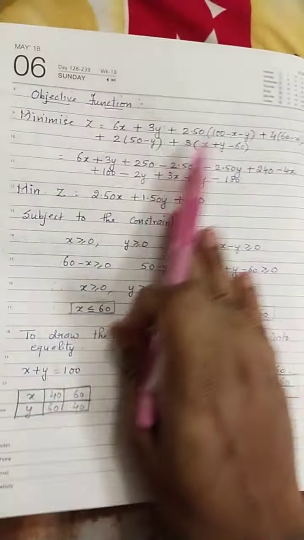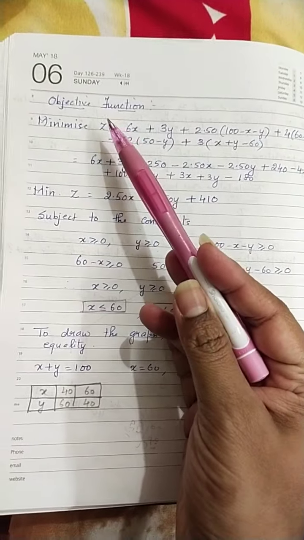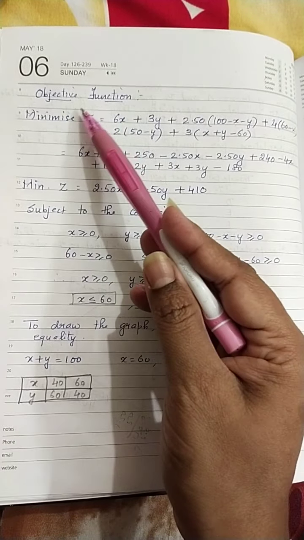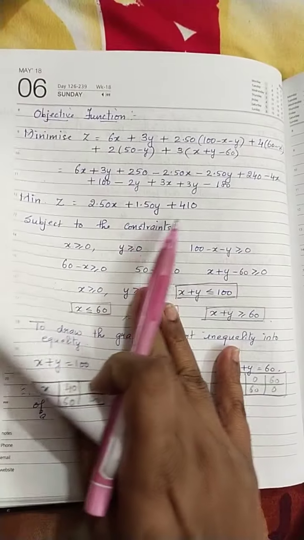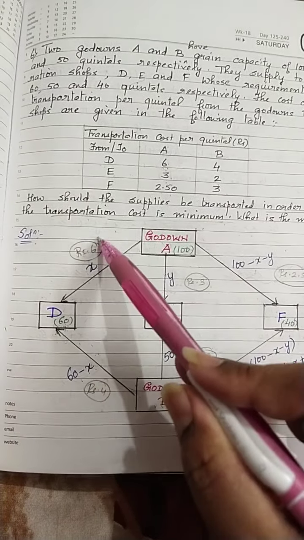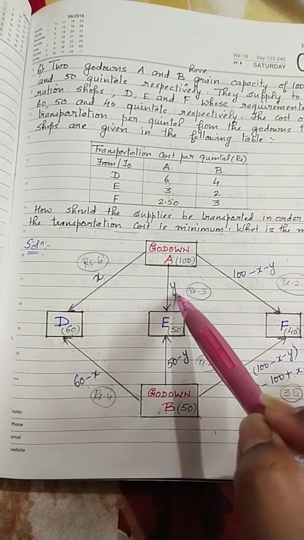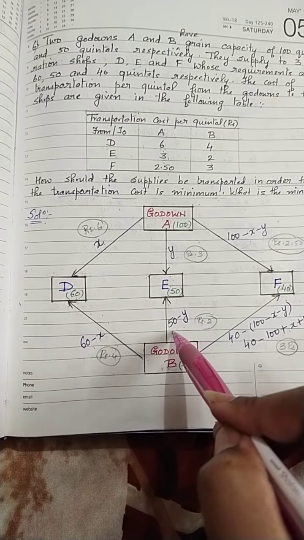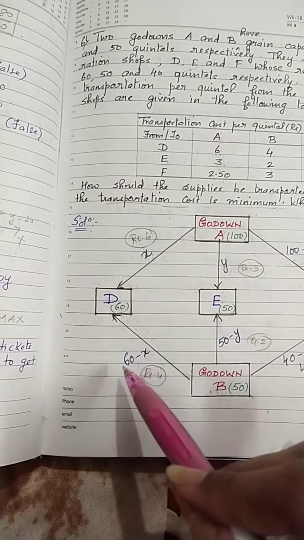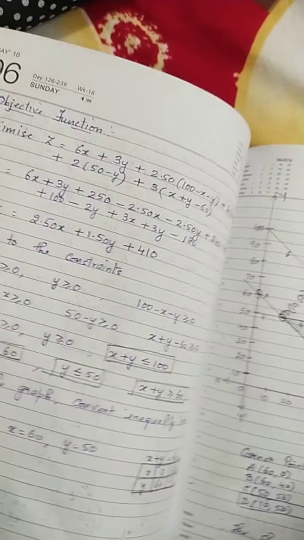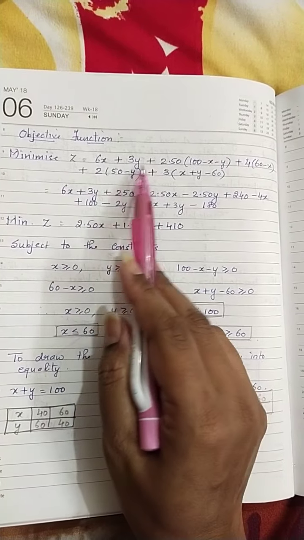Now getting the objective function. The objective function is not that easy as what we used to get earlier. Here the objective function is a little difficult. Now what you will do: multiply the cost with these quantities, 6x plus 3y plus this into this, and 2 into 50 minus y, cost 4 into 60 minus x, and all this together is actually your objective function.